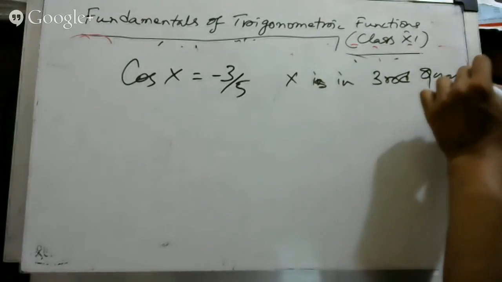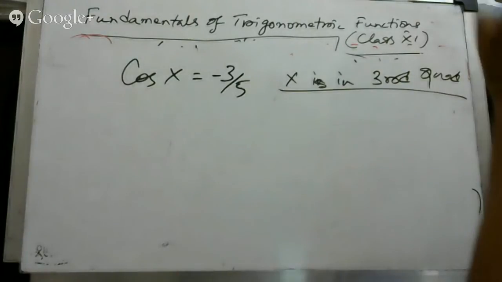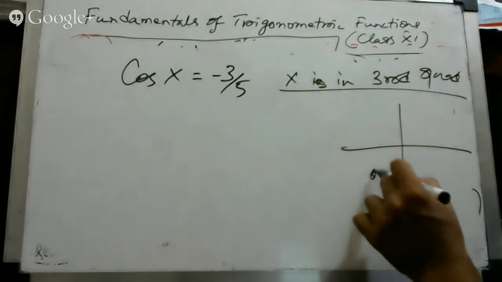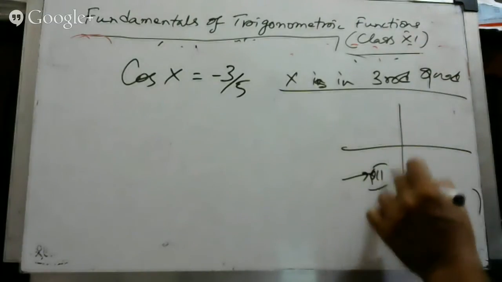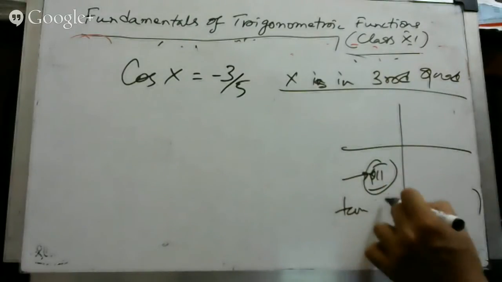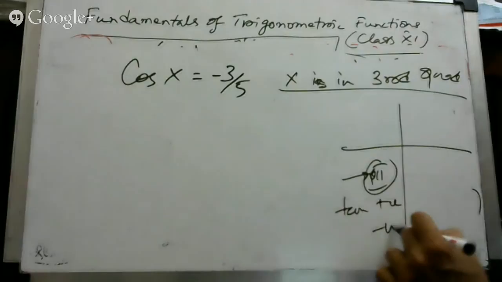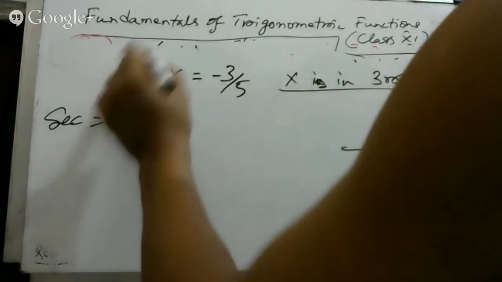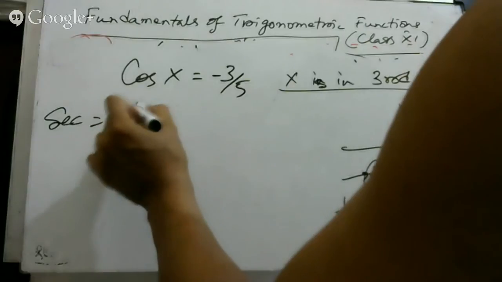Okay, x is in the third quadrant. So in this case, third means here. This is the third quadrant. So in the third quadrant, what we learned, all sine tan. So tan is positive and rest all is negative. So cos x is equal to this. So sec is equal to 1 by cos. 1 by cos is minus 5 by 3.